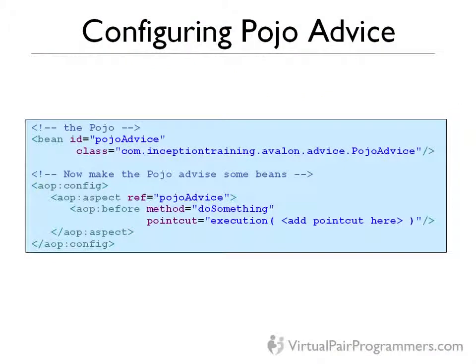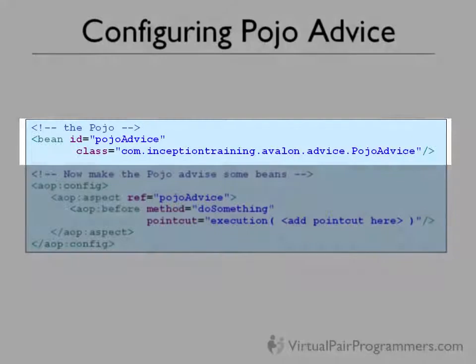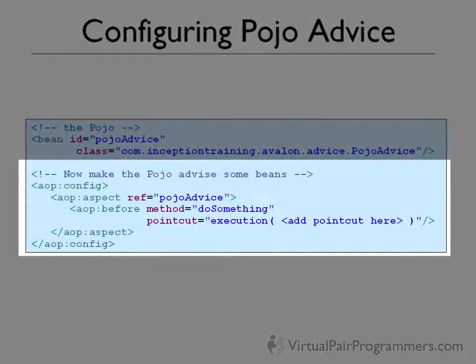The first step is, as normal, I need to create an instance of my advice class, and that's what I've done with the first bean. I'm going to call it POJOAdvice. To make that POJO become a piece of advice, I'm using the aop:config tag. I can put in here all of the AOP configuration for my application.